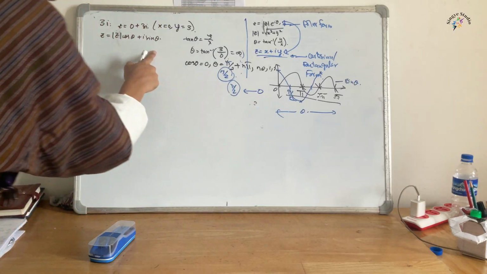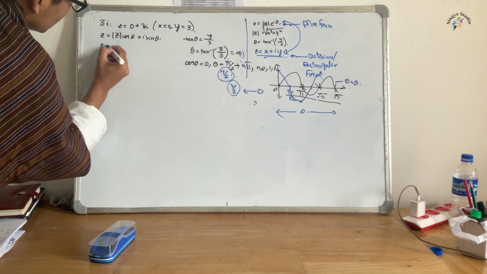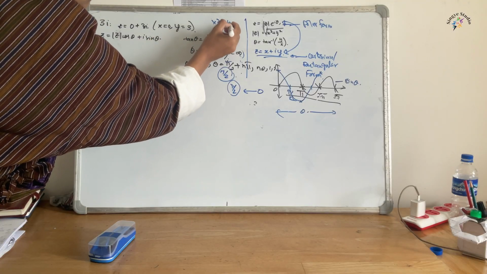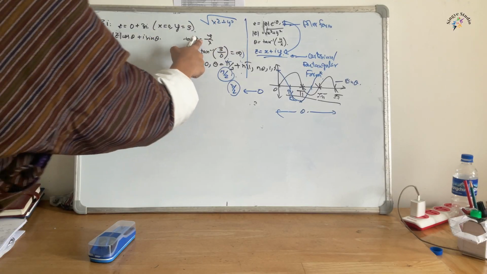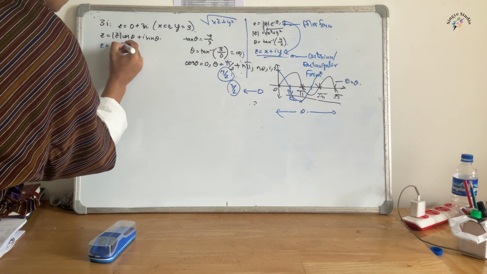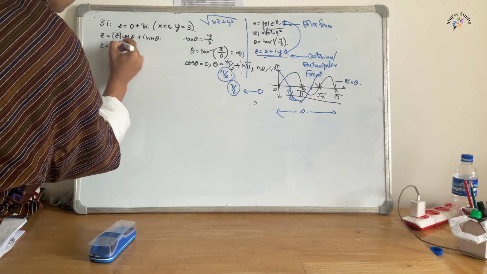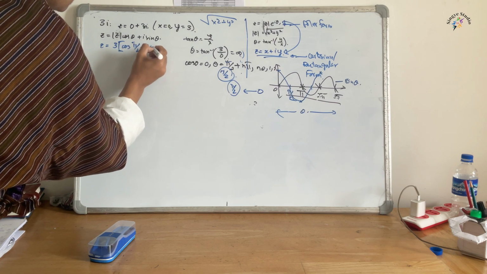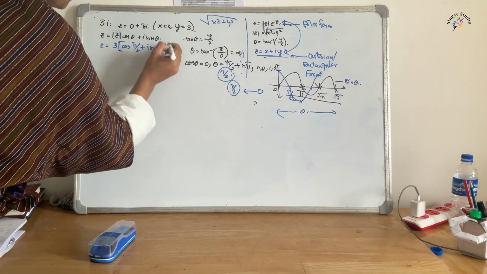Okay, so by writing this, we can say that z equals to this modulus, which is square root of x squared plus y squared, right? So you can say square root of 0 plus 3 squared, which means you can get 3, then cosine pi by 2 plus i sine pi by 2.